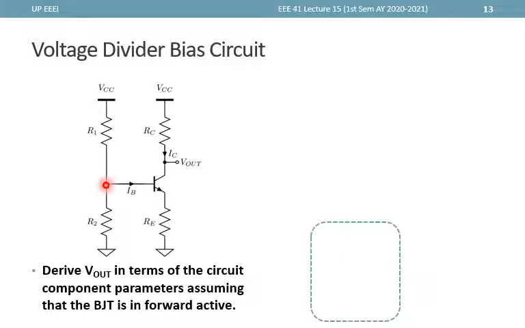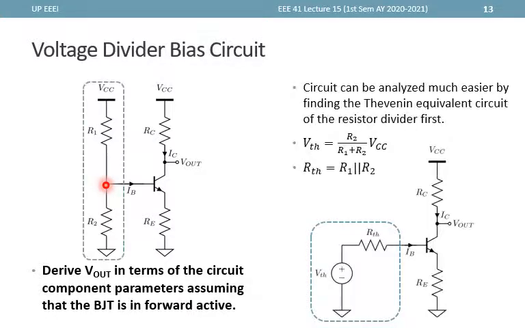However, we can simplify that by getting the Thevenin equivalent circuit of this voltage divider. So the circuit can be analyzed much easier by finding the Thevenin equivalent circuit of the resistor divider first.